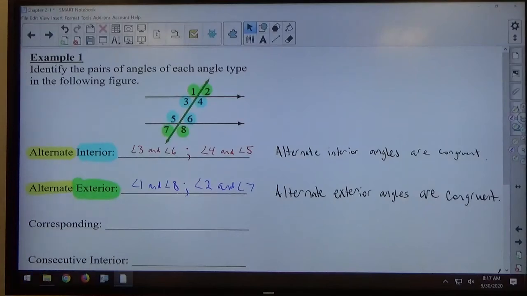That represents two theorems in the chapter, the alternate interior angle theorem and the alternate exterior angle theorem. All right. So those things you want to know.